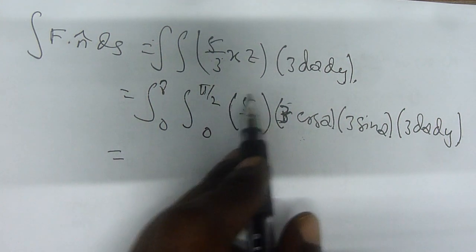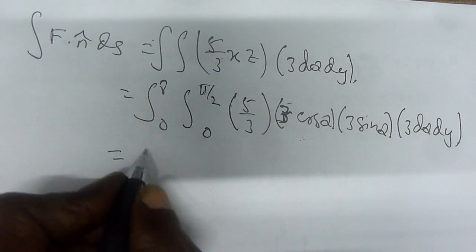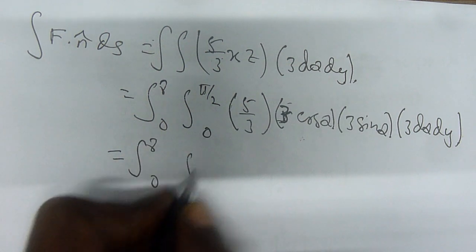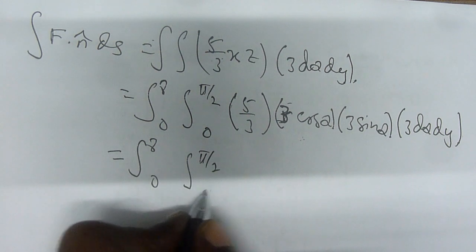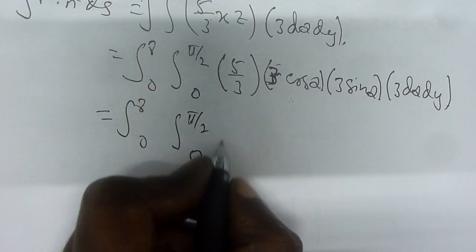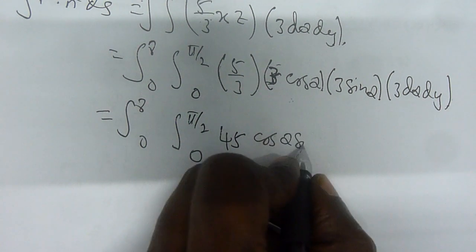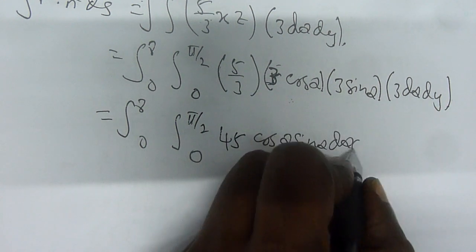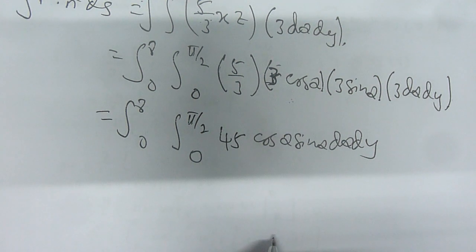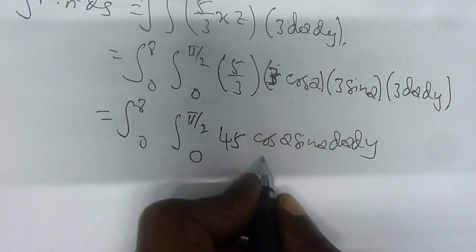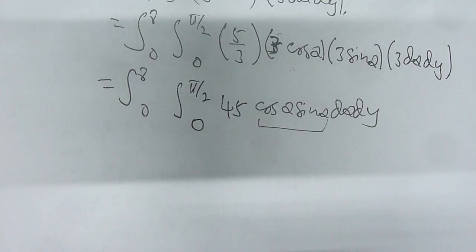Now in this particular case, you just bring it all to one side. The limits are 0 to 4, 0 to pi over 2. You will get 45 cos theta sin theta d theta dy. Cosine, how to calculate?